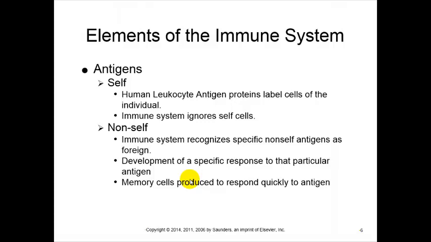That's where we want to be. This is the development of the specific response to a particular antigen, and later on, if we encounter that non-self antigen again, we will quickly produce more antibodies to attack it.